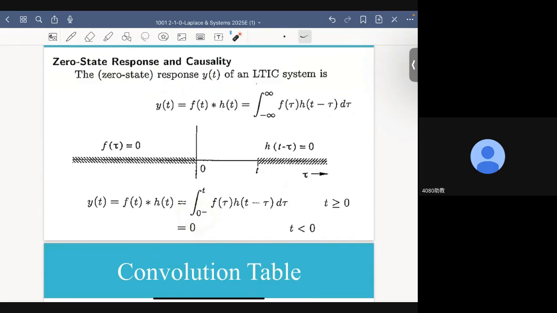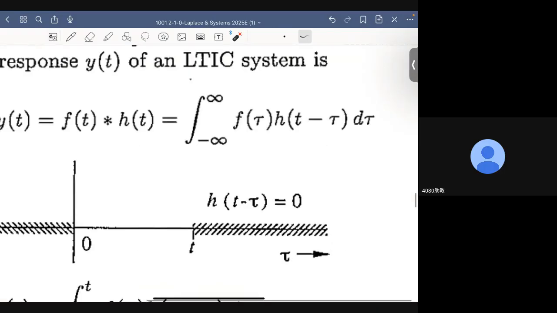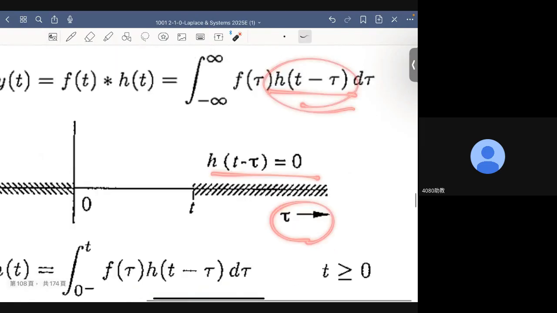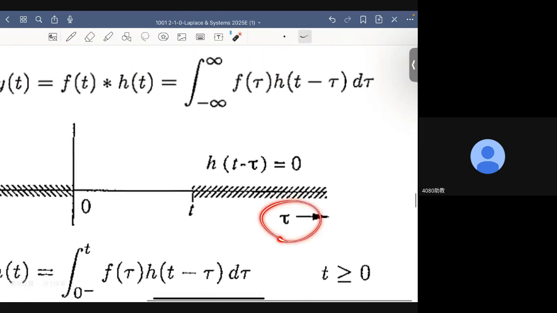The next thing is that h of t minus tau is 0 when tau is larger than t.